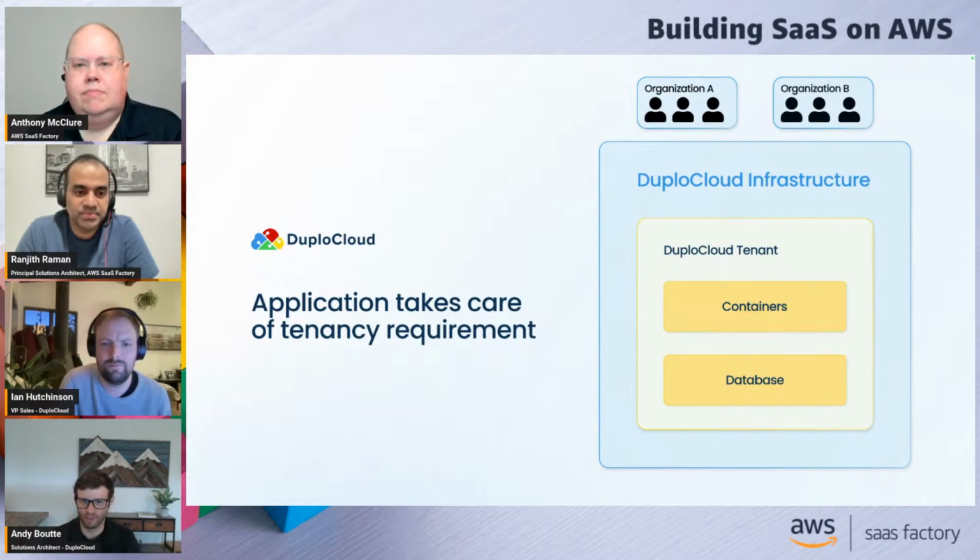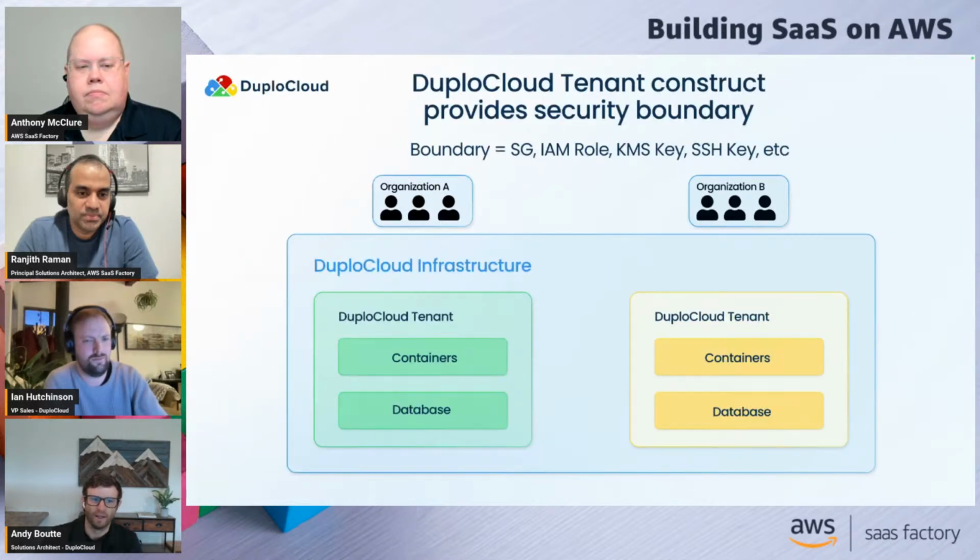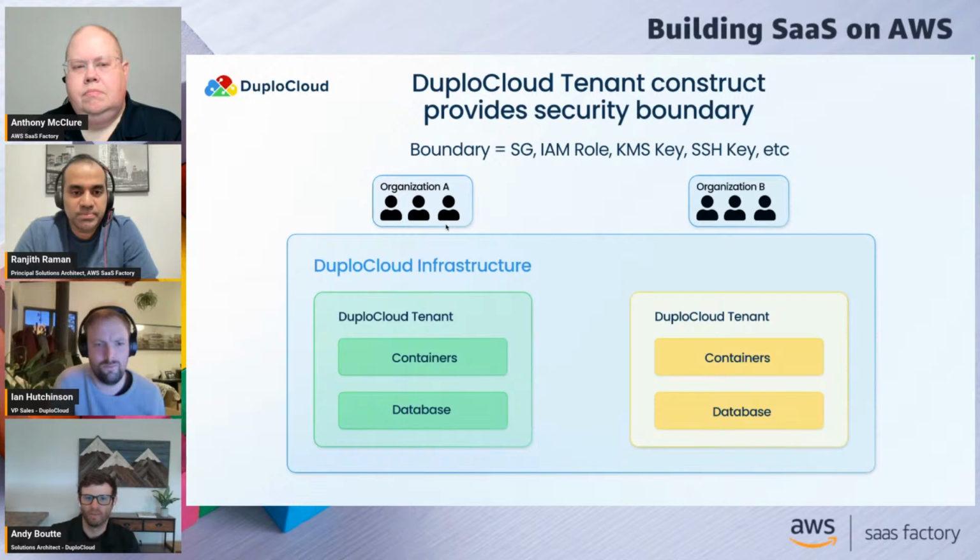The first one is the obvious one where the tenancy doesn't really come from the infrastructure. The tenancy is actually baked into the application itself. It understands the logic of how to isolate customer data, whether it's in S3 or in a relational database. And then another model is what we call a DuploCloud tenant, and we'll get more into the specifics of what that actually means.